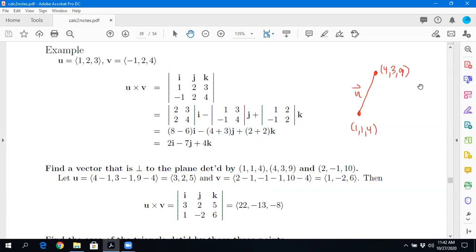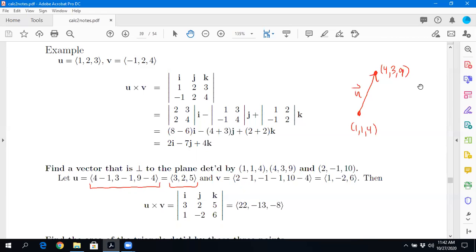I call that vector u, the vector that goes from 1, 1, 4 to 4, 3, 9. And that's exactly what's being computed here. Because to figure out the coordinates of that vector, I would subtract. I would go, what's the difference in the x coordinates? What's the difference in the y coordinates? And what's the difference in the z coordinates, right? So 4 minus 1 is 3. 3 minus 1 is 2. 9 minus 4 is 5. So there's u sitting right there.